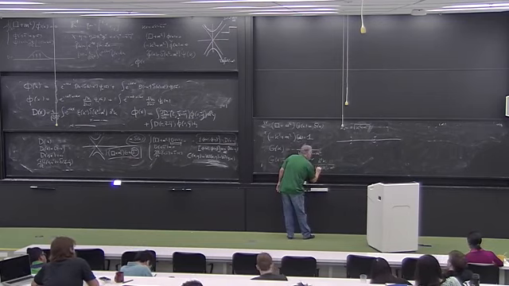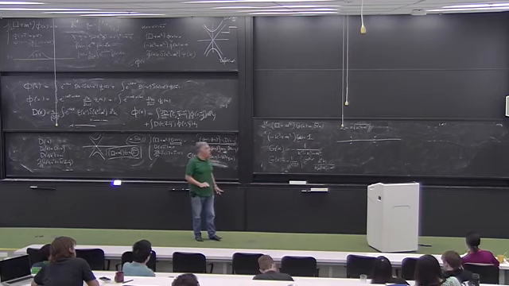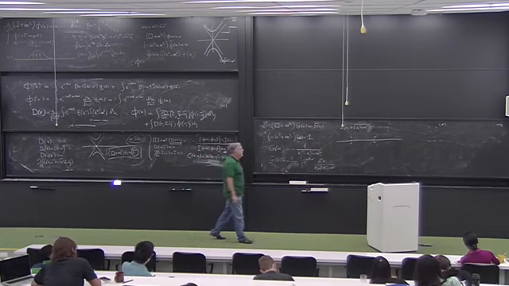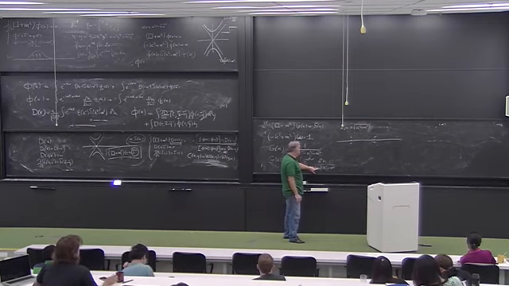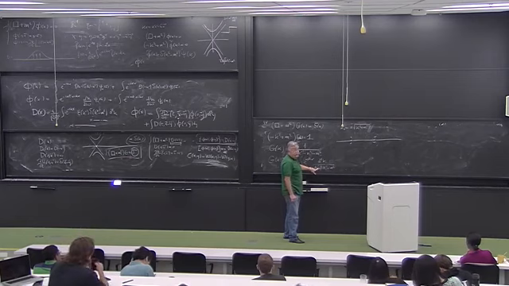Now you don't have any more singularities on your integration cycle. If you choose the plus sign here, you get what is called the retarded Green function. And if you put the minus sign here, you get what is called the advanced Green function.